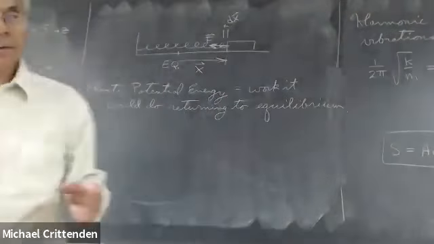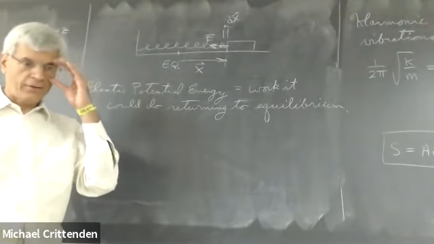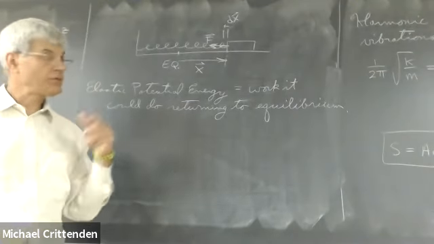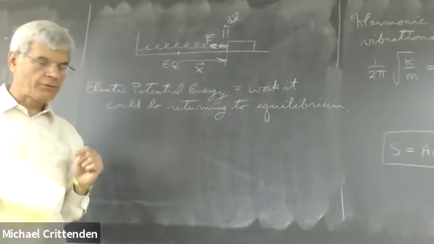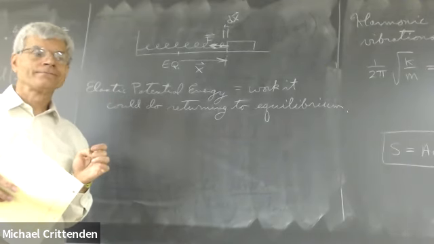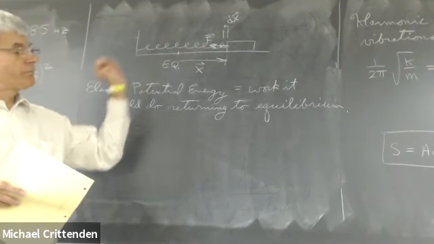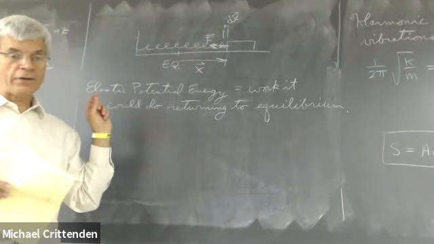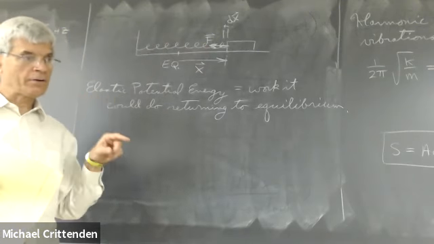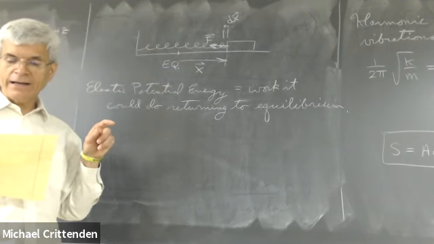Work, if you have a constant force, is just the force times the distance. Then there's also the cosine factor. If you're going to divide it into lots of little increments like I was talking about, it becomes the integral of F dot ds.